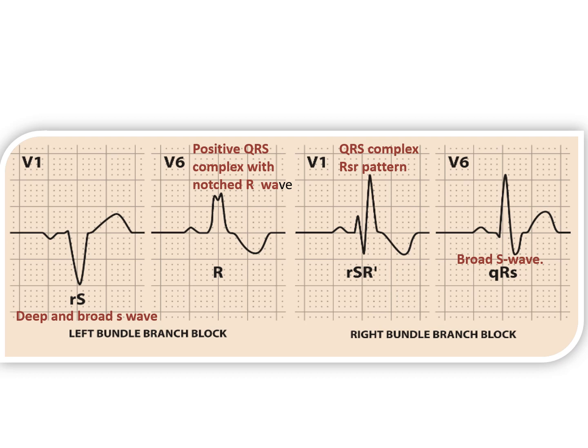The R wave is missing or smaller than normal, whereas lead V6 is positive with a QRS complex with a notched R wave showing an M pattern. In right bundle branch block, in lead V1, the QRS complex appears as the letter M. More specifically, the QRS complex displays an RSR pattern, whereas in lead V6 there is a broad S wave.